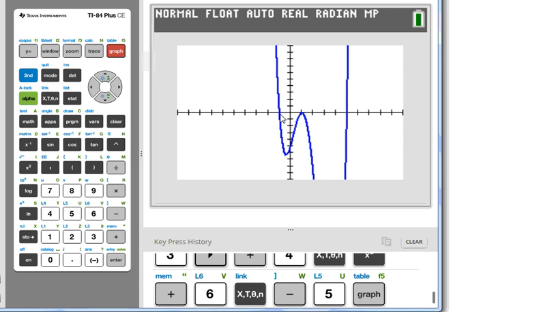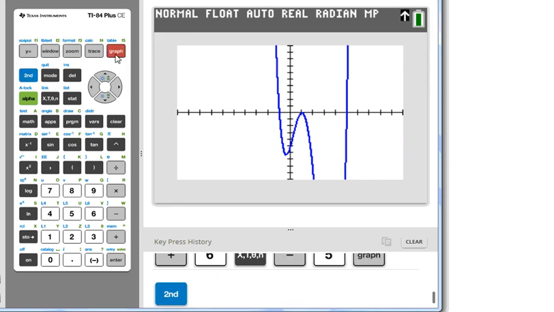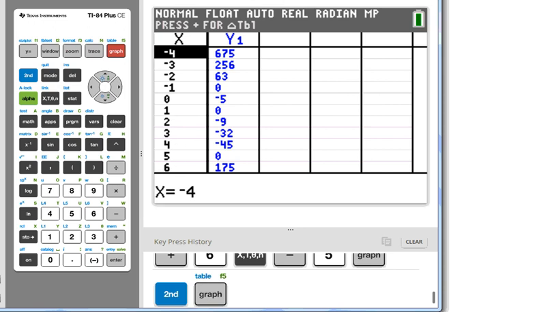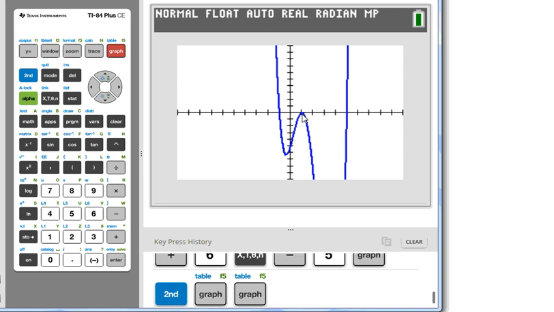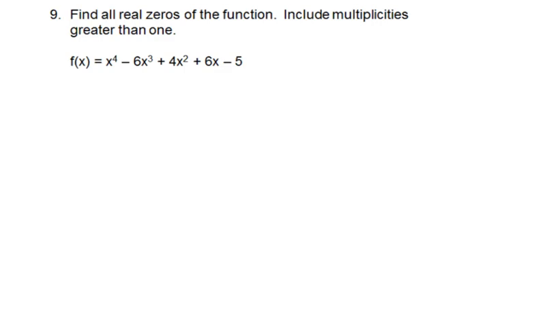Looks like we have -1, 1, and 1, 2, 3, 4, 5. Let's go over here. -1, 1, and 5. And this one here at 1 has a multiplicity of 2. So we have x equals -1.